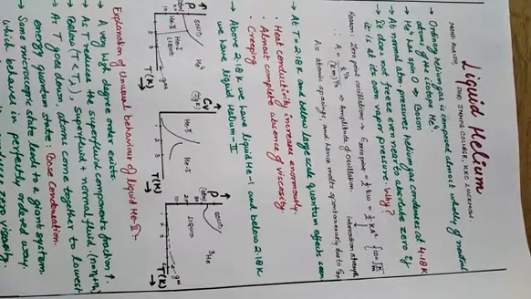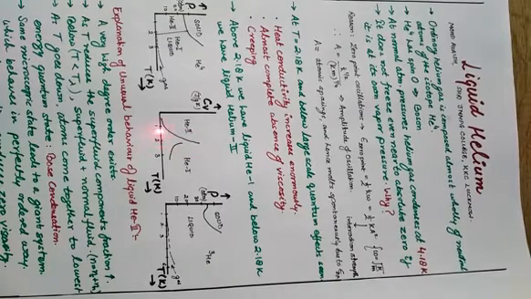And why is this a second order phase transition, or particularly a lambda transition? Because in this adjacent graph, between the specific heat and the temperature, you can see that the specific heat has a discontinuity around 2.18 Kelvin. So this specific heat is a discontinuous function of temperature.